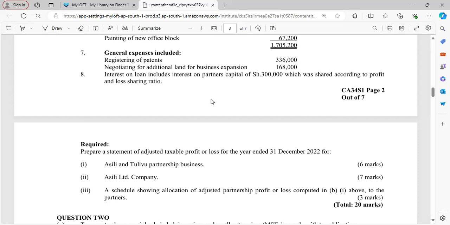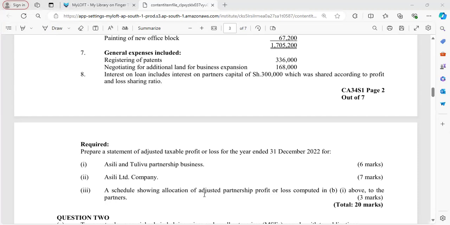The examiner is telling you to prepare the adjusted profit and loss for the partnership and also for Asili Limited, then a schedule showing the allocation of adjusted partnership profit or loss computed in B1 above to the partners. When you come across this kind of question, it doesn't mean that you're going to be separating the two.